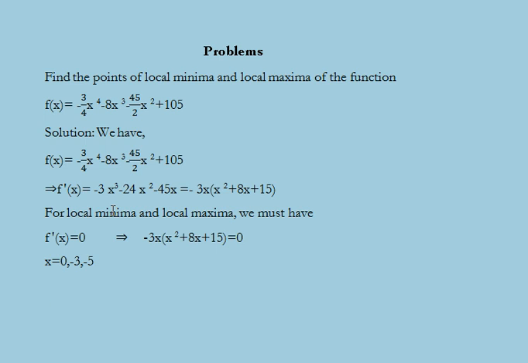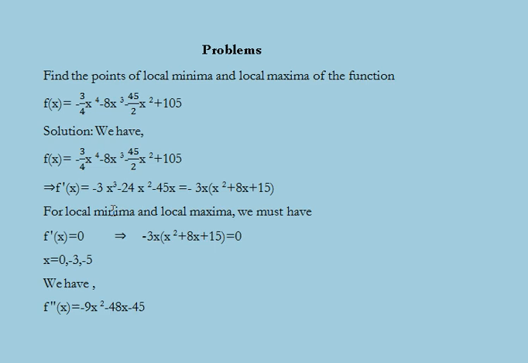Next we are going to test the function at each of these points. Now we have f''(x) = -9x square - 48x - 45. Next, for all the given values of x, we are going to find the value of f''(x). At x = 0, we have f''(0) = -45, which is less than 0.